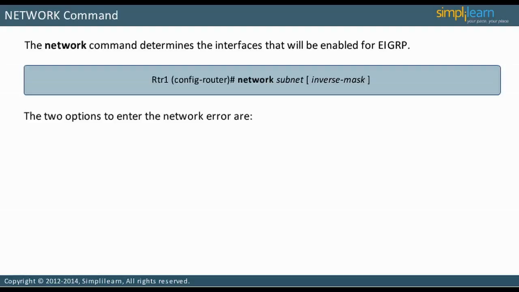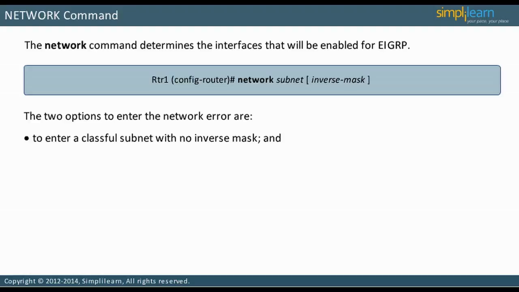There are two options of entering the network command. The first option is to enter a classful subnet with no inverse mask. If you do not enter a wildcard mask, EIGRP will summarize the network to its classful boundary. Without an inverse mask, any interface that belongs to the classful network of the subnet configured will participate in EIGRP.